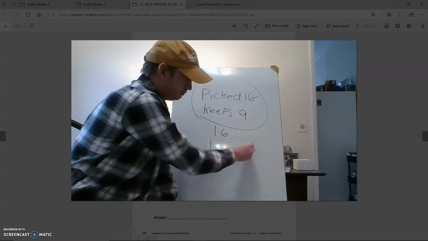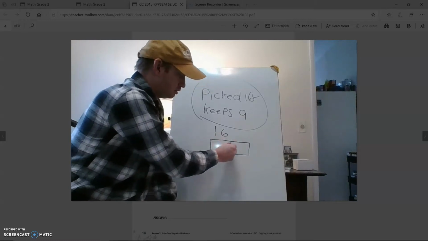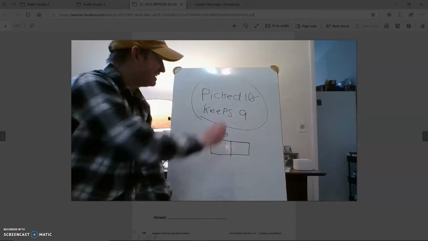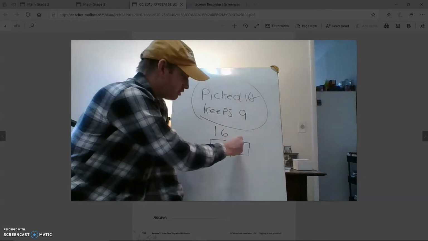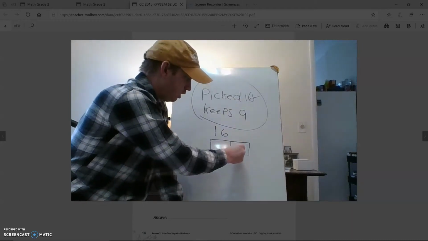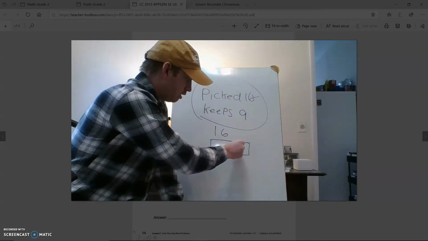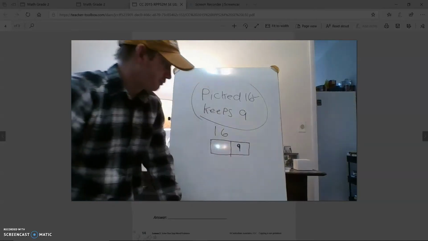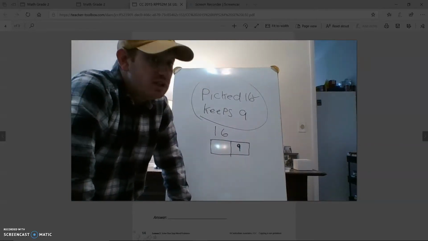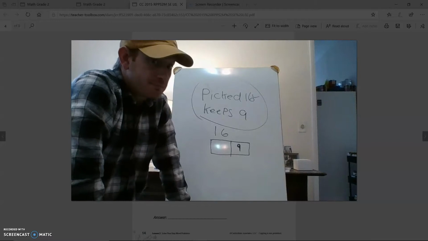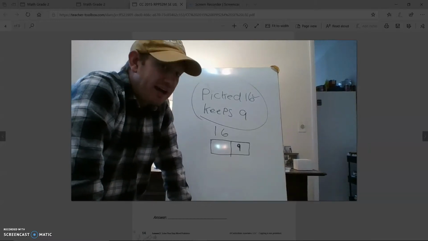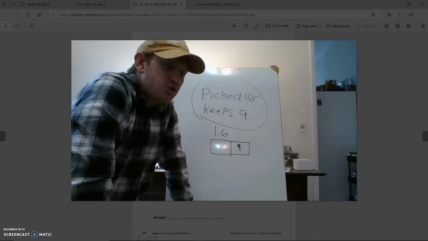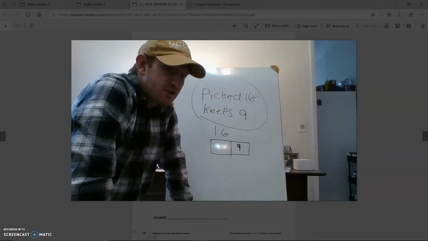Then in our diagram, we know that he keeps 9 apples. So one of them is going to be 9. Now, if you need to count at this point, you can. But I'm going to jump ahead a little bit.